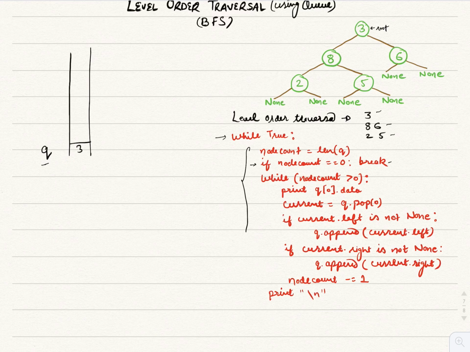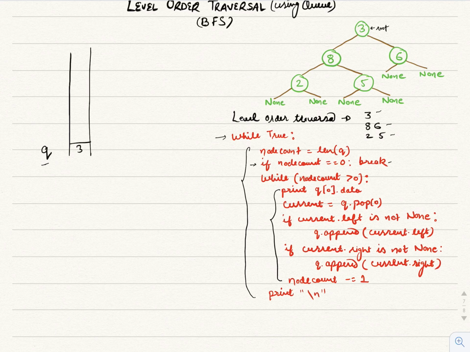Now when we enter this while condition, the node count will be 1, as we have only one element in the queue. So the second condition will not be met and we'll stay inside this while true loop. While the node count is greater than 0, here it is 1, we'll follow these conditions under this while loop.